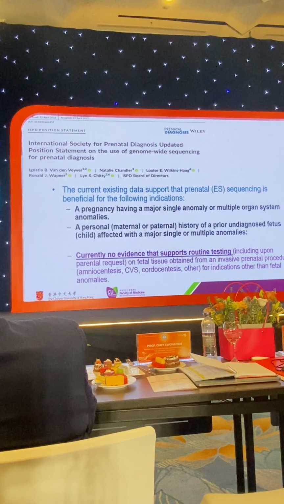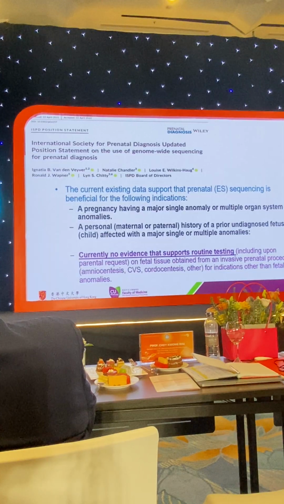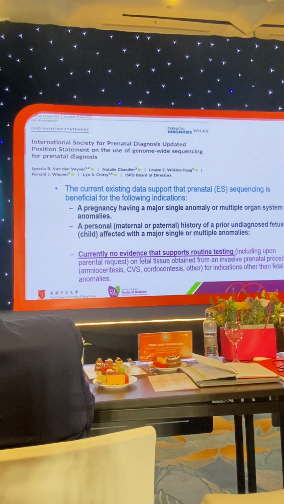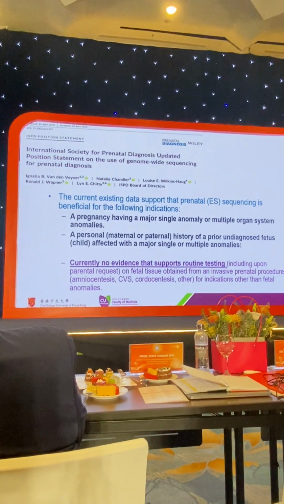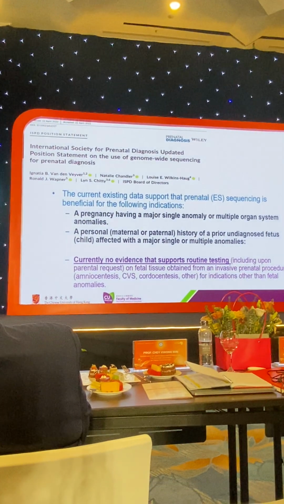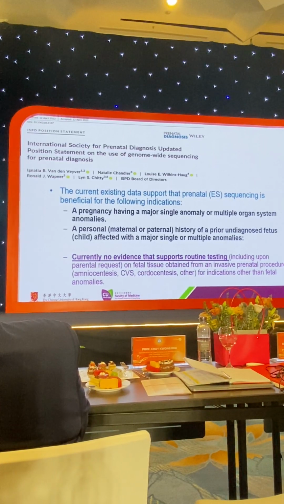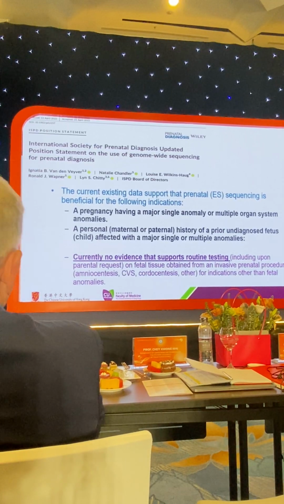And does it make sense? Yes, it does, because if you refer to the International Society of Prenatal Diagnosis updated position statement, it has already stated that the current existing data supports that prenatal exon sequencing is beneficial for the following indications, okay?